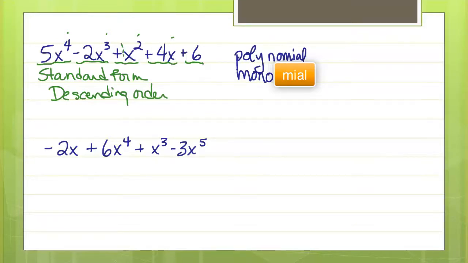They have a coefficient and a variable, and the last one doesn't have a variable, so it's just a constant. So descending order of the exponents is what gets us standard form. And that also helps us see the degree of the polynomial. In this case, the degree is 4, because it's the number of the highest exponent.